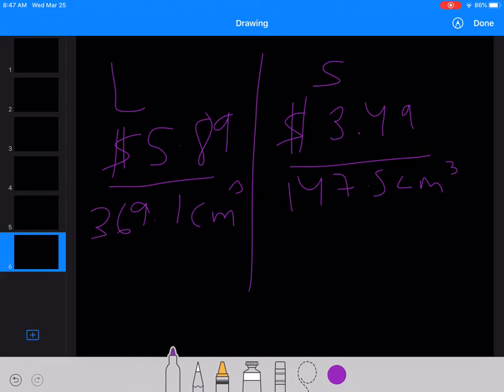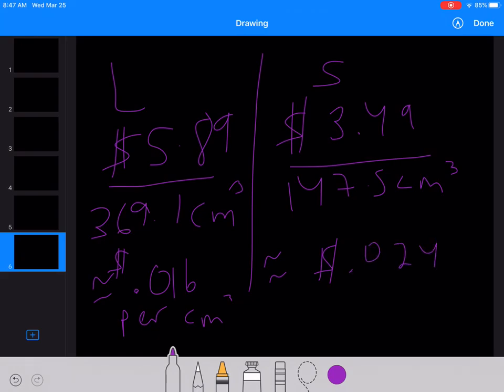So we have a unit price of 0.016 dollars per cubic centimeter, and the other one is approximately 0.024 dollars per cubic centimeter.